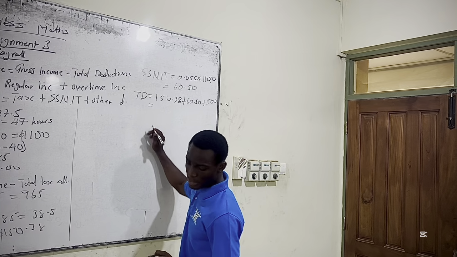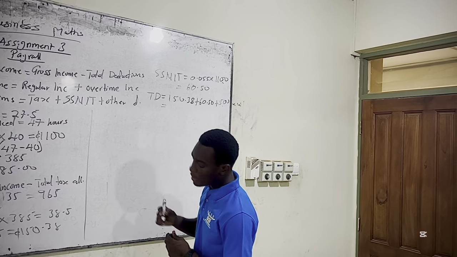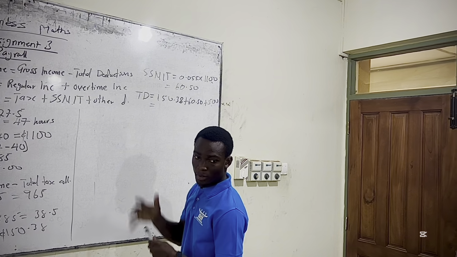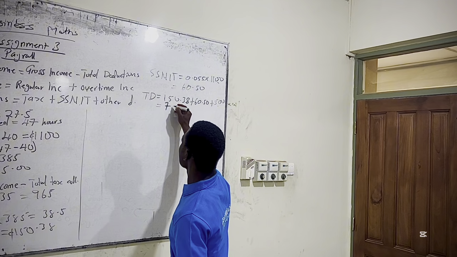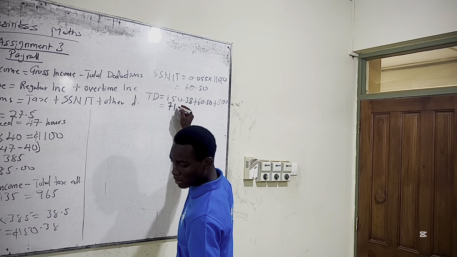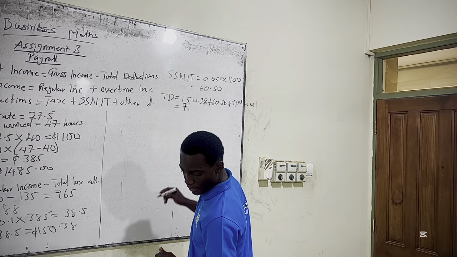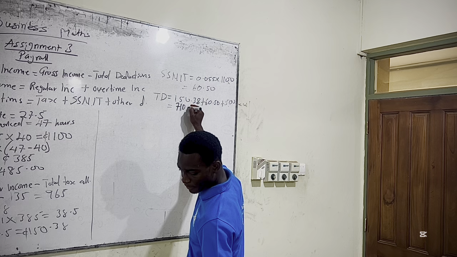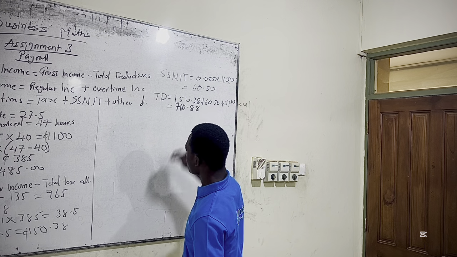That's going to give you a total deduction of 710.88, right?